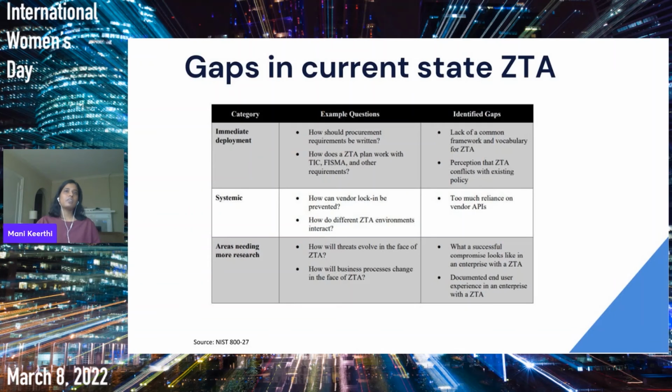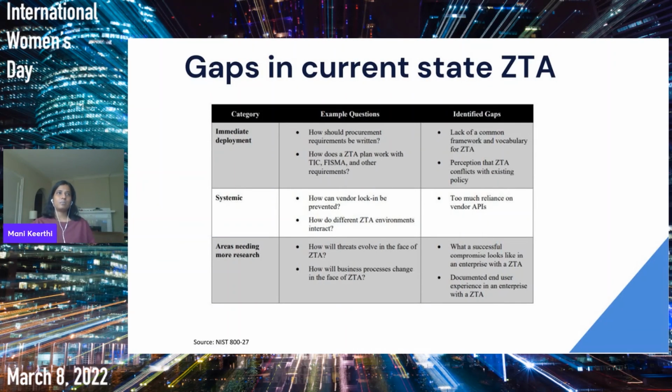So as part of this survey, the survey concluded that the current state of the zero trust architecture ecosystem is not mature enough for widespread adoption. These are the issues slowing adoption of zero trust architecture. As you can see, they have categorized them from the survey into 3 categories. They had example questions and the identified gaps.